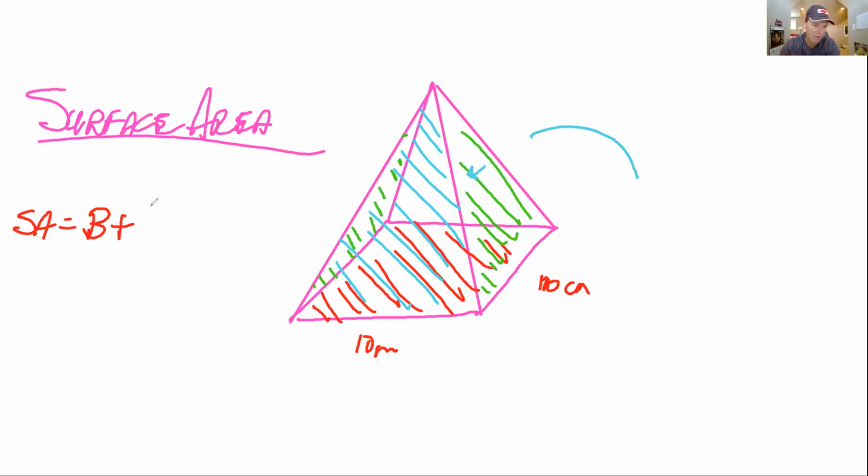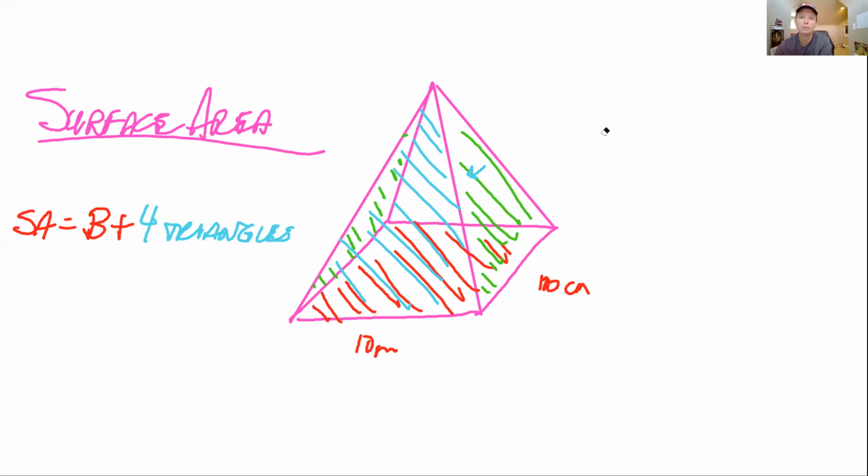So basically I have 4 triangles. And to be clear, I have 4 triangles because my base has 4 sides. If I had a hexagon base, I'd have 6 triangles. And if I had a triangular base, I'd have 3 triangles. So I have as many triangles as I have sides on my base.